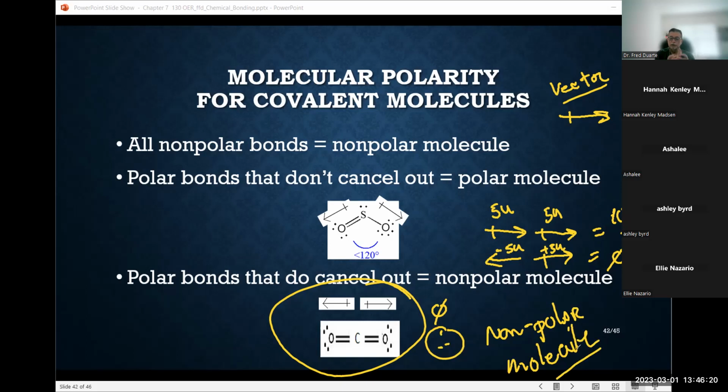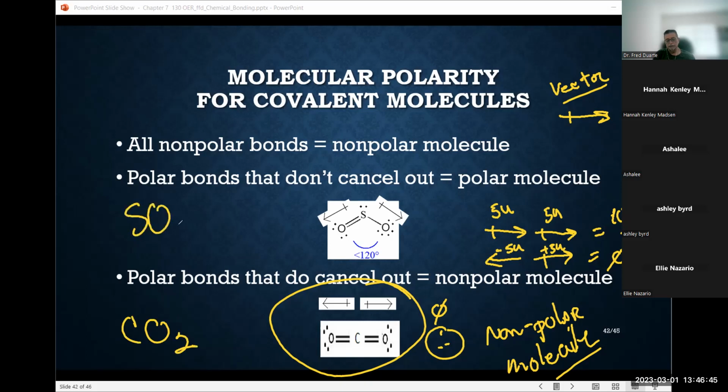So this is an example of a compound that has polar bonds that cancel each other out, resulting in a non-polar molecule, which means that it would exhibit more solubility in oil-like solvents than it would in water solvents. And this is carbon dioxide here.